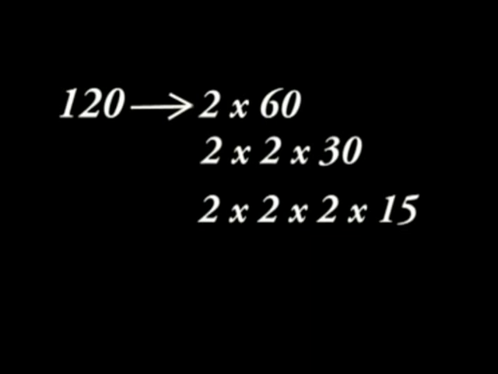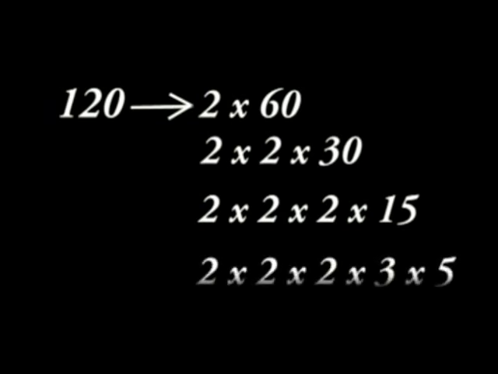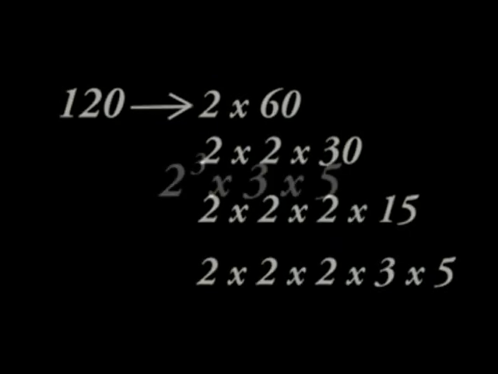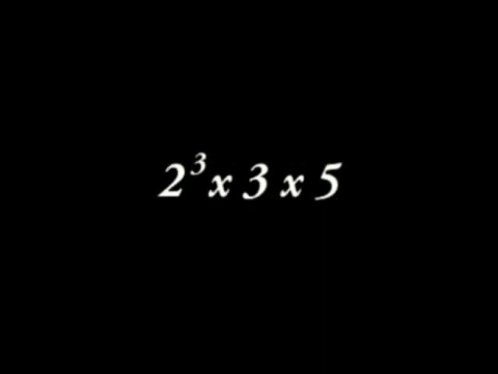Finally, 15 divides by 3 5 times. So finally we have 2 times 2 times 2 times 3 times 5. This can be simplified as 2 cubed times 3 times 5.